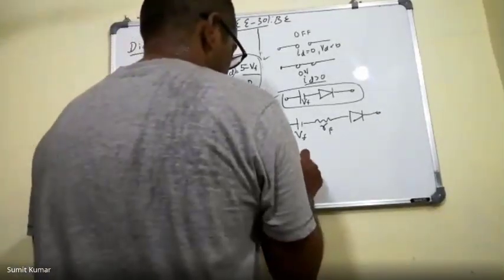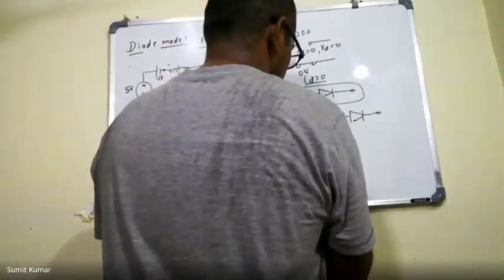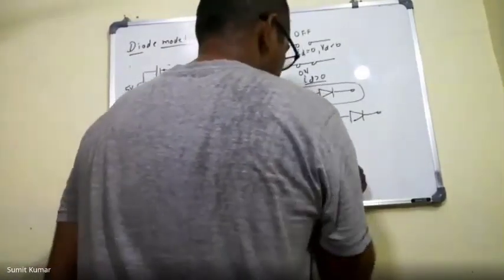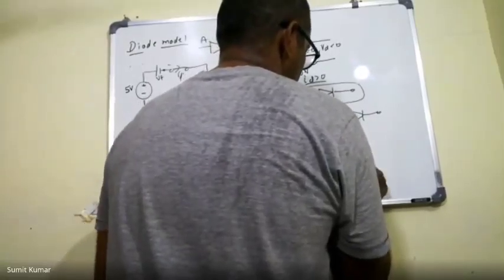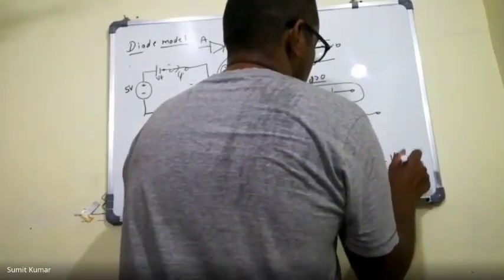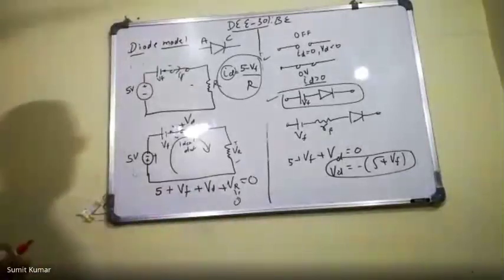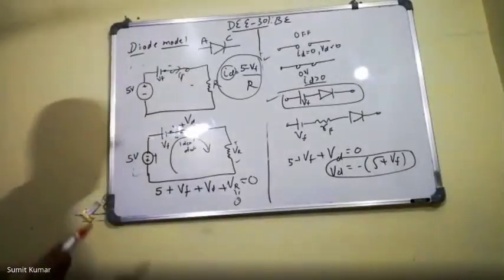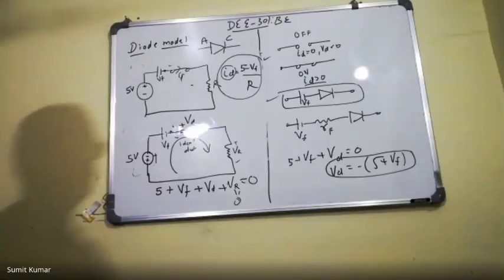So 5 plus VF plus VD equal to 0, and this VD will be minus 5 plus VF. So now you can see the negative voltage on the diode is increased by Vf. Okay, so this negative voltage is increased.